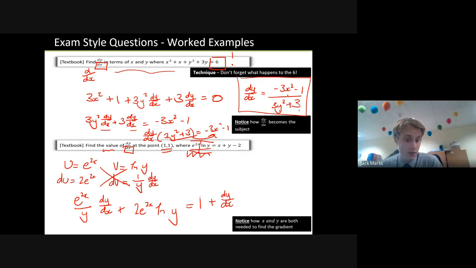So quite a lot of stuff there, yeah? And we need to find the value at (1, 1). I'm probably not going to have enough space. You would need to rearrange this now to get dy/dx to only appear once in a similar kind of way, so a fair bit of manipulation, and then you would put in x equals 1, y equals 1 to get a value.